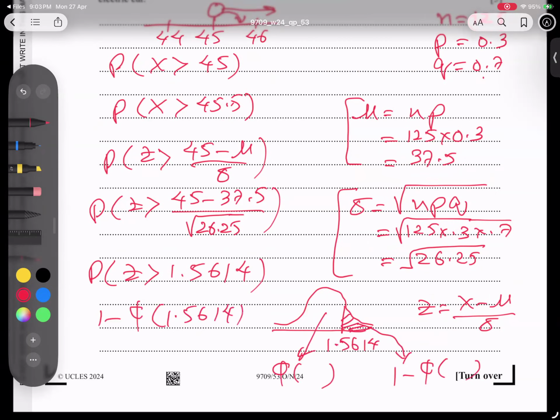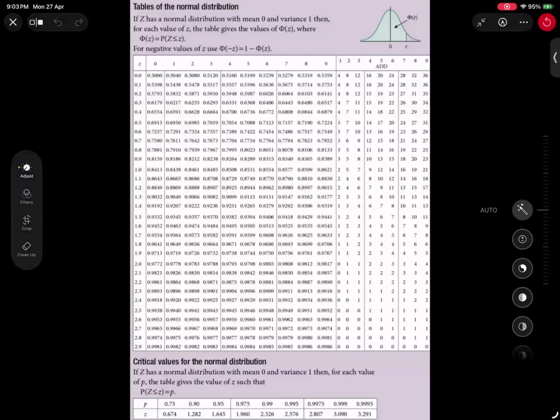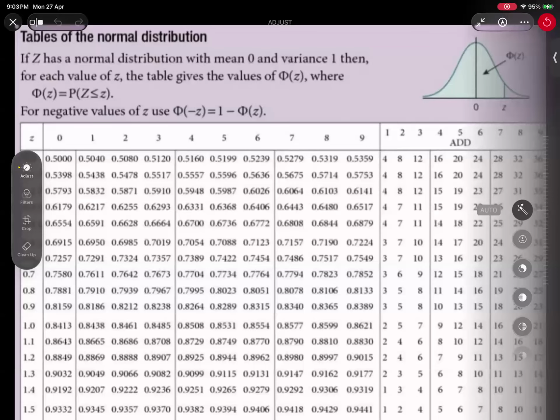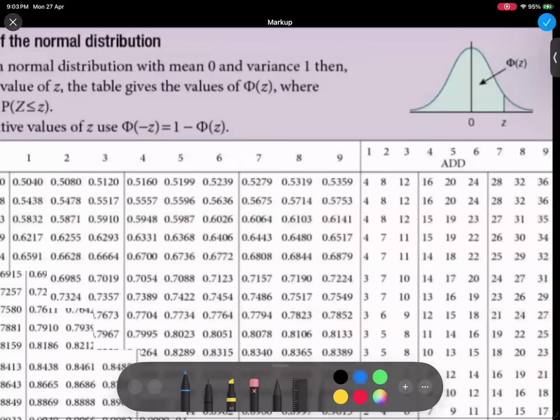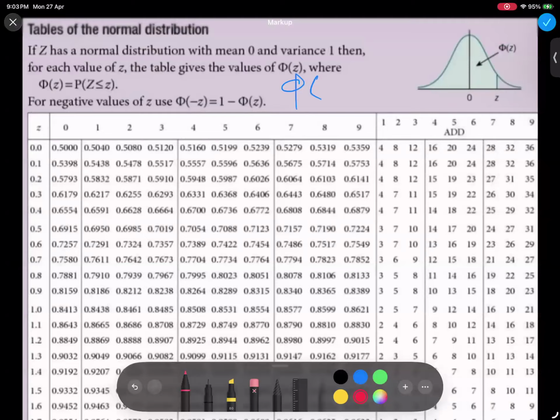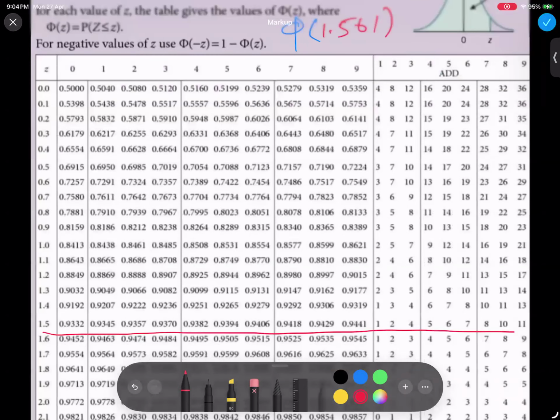So let's try, students. We're going to find it from here. We are looking for phi of 1.561 basically. 1.5 is on this line, and the 6 is here, and after this, the 1.